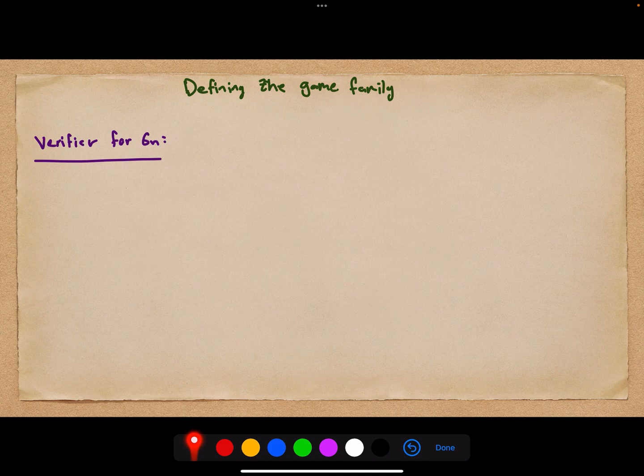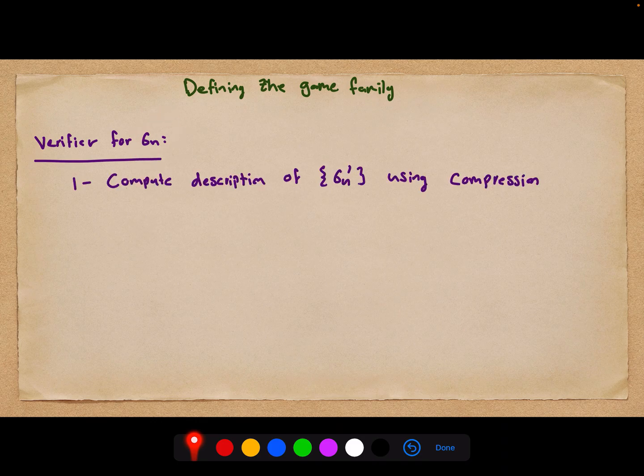So let us define the game family from which we will select a game for supercompression. So let's explicitly define what the verifier in the nth game in this new game family does. The first step is that we feed the description of the verifier for this family of games to the compression algorithm that we produce in our paper to get the description of its own compression.